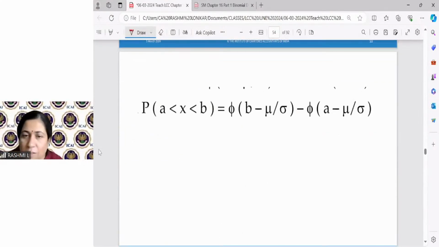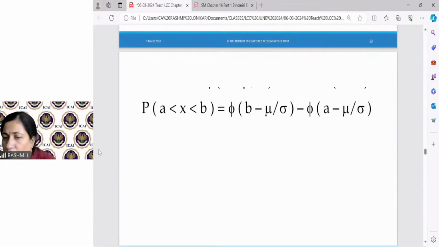And this is important that you remember, especially for normal. When you get questions like x is lying between a and b, what does that mean? This is my number line. This is my a and this is my b, and somewhere here my x is.